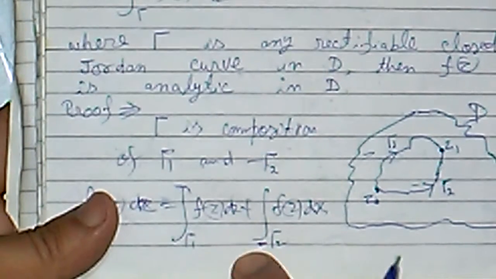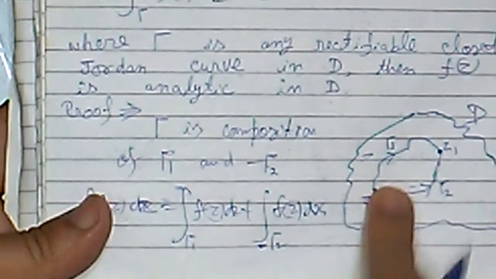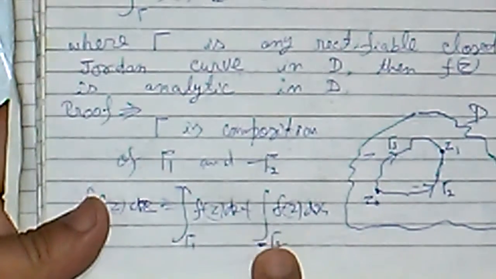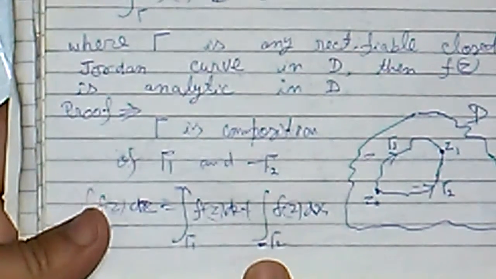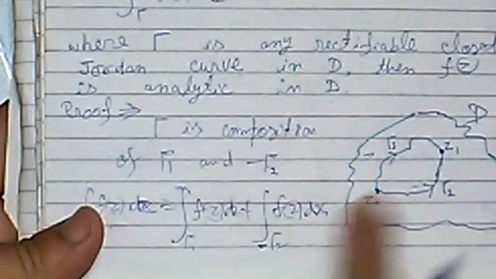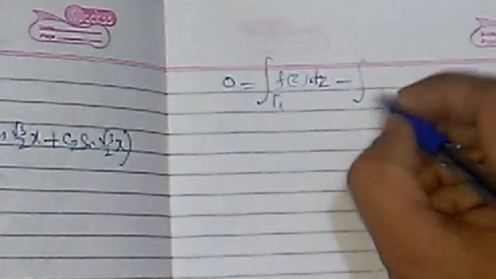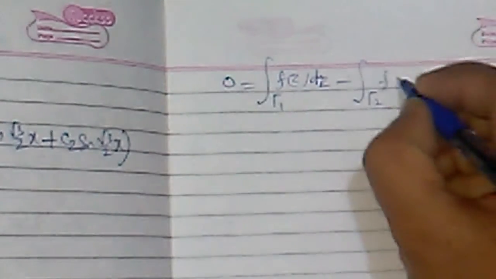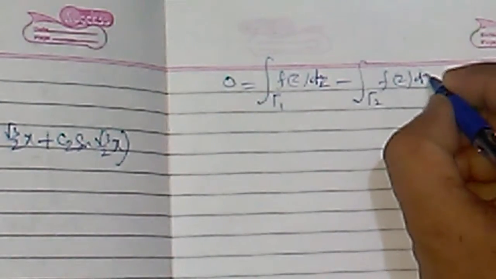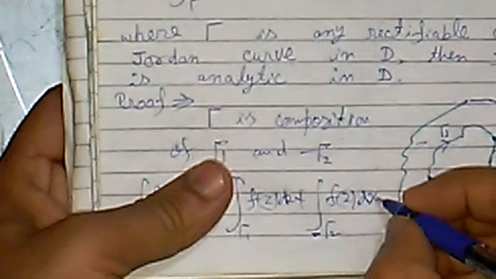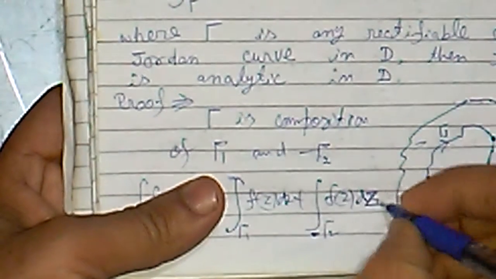If we write only gamma 2 in place of minus gamma 2, this means that we start from z0 to z. So we write here minus the integral along gamma 2 of f(z) dz, by the definition of definite integration.